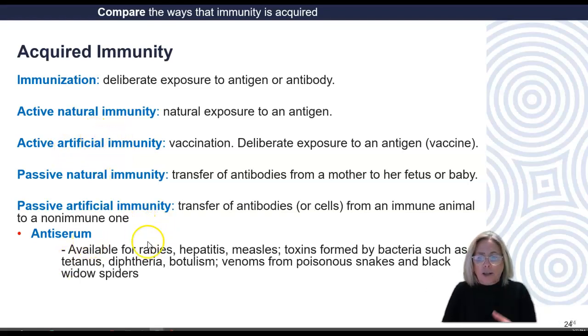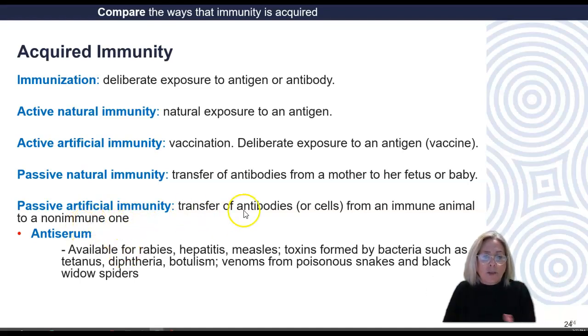So say if you've got something like tetanus or botulism, where the primary adaptive immune response takes up to 2 weeks, that's going to be too late, right? The person might die while you're waiting on an antibody response.